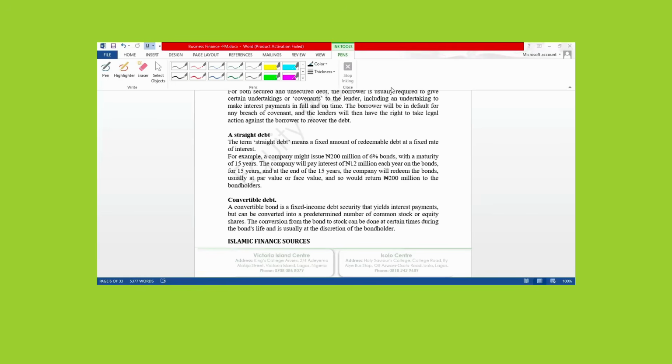So preference share capital is classified as part of debt financing because of the substance surrounding preference shares.